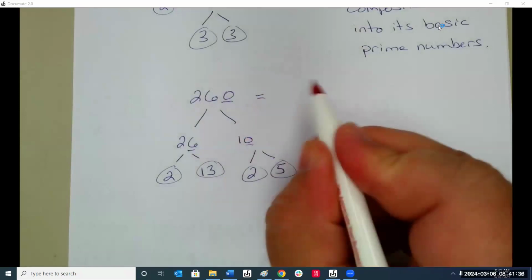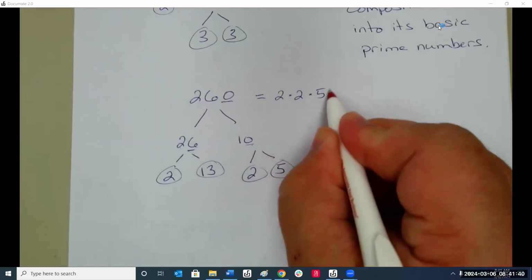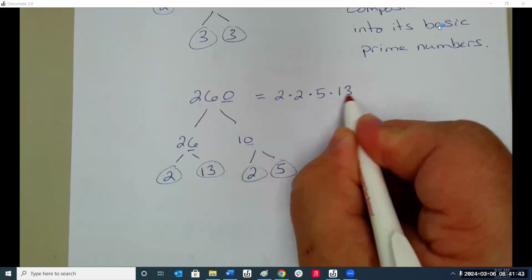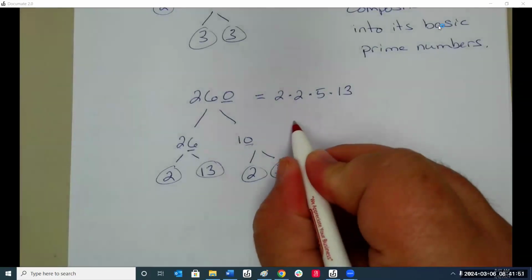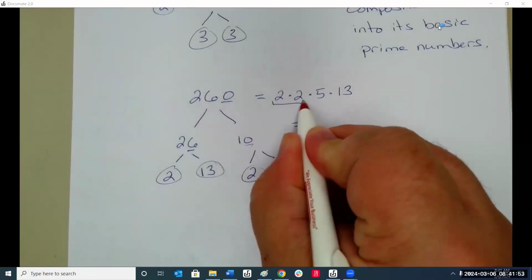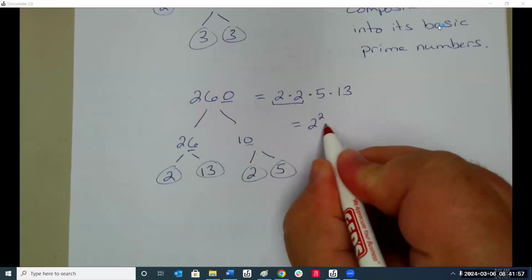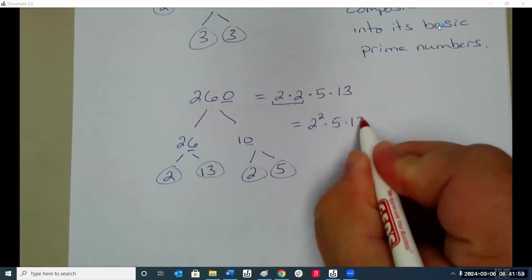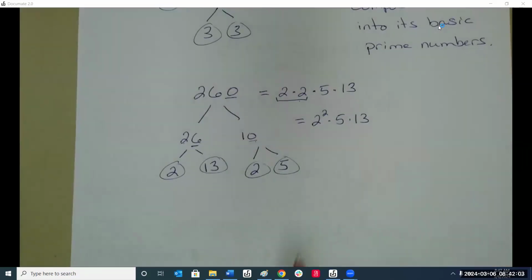So the prime factorization is 2 times 2 times 5 times 13. Another way you can write this, since you have 2 2's here, you can write 2 squared, because 2 times 2 is just 2 squared.